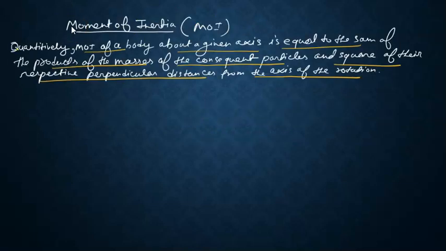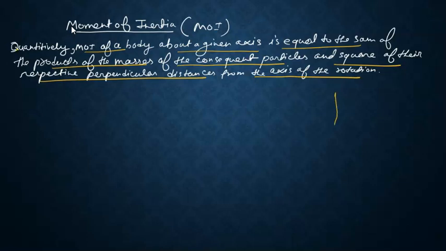So basically, we'll start with the definition of moment of inertia, and what it says actually: moment of inertia of a body about a given axis is equal to the sum of the products of the masses of the constituent particles and the square of their respective perpendicular distances from the axis of rotation.